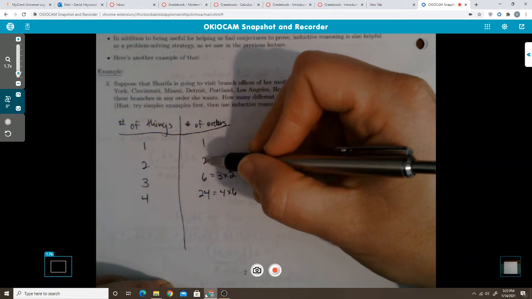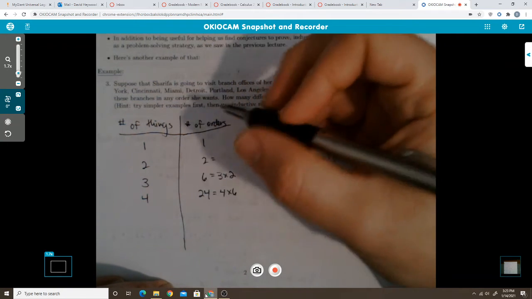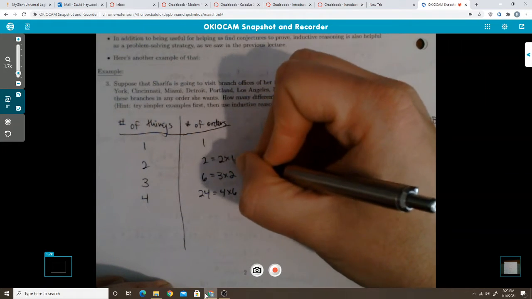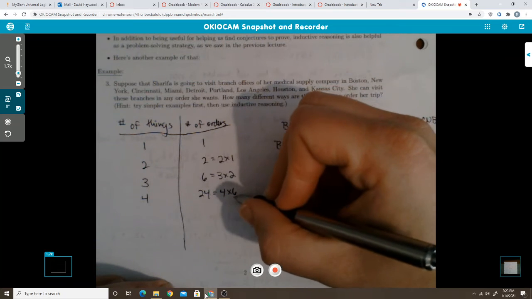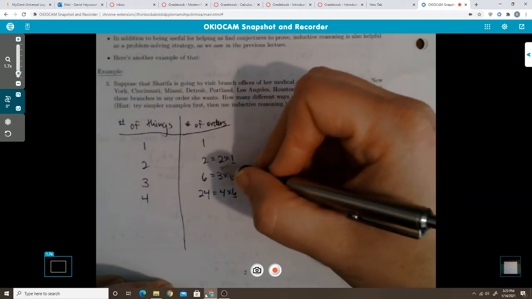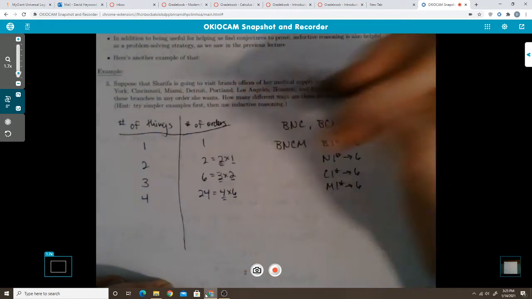And can I describe 2 in terms of its predecessor? Yeah. 2 is just 2 times 1. So notice that here we have the predecessor, and here we have the number of things.